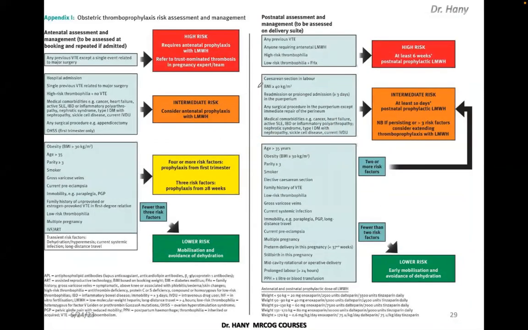My concern here is that they now consider BMI 40 as score 2 in the antenatal period as well. And this is wrong. It's not written at all in the guideline. The RCOG said after delivery, the patient will be dehydrated, less ambulated, so the BMI will be scored here, 2 or 1.